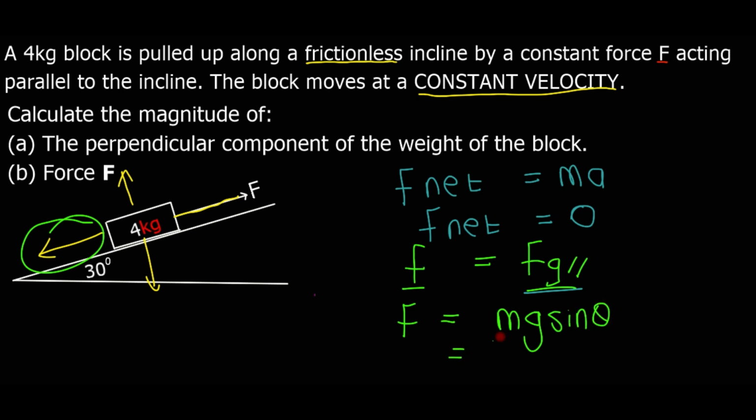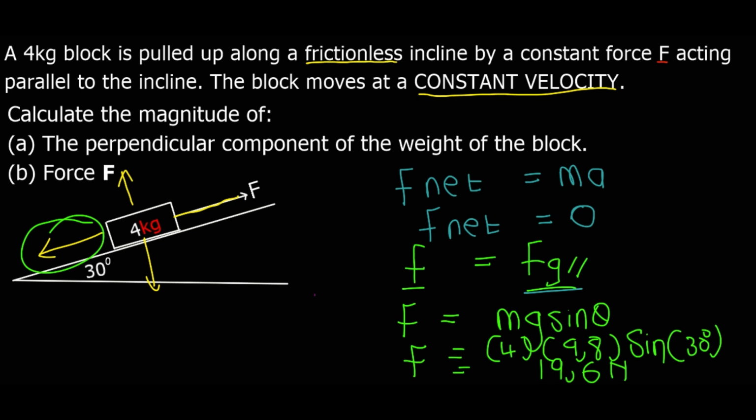So re la gore mo ke na le 4 and then ke na le 9.8 and then sin 30 degrees. So the answer to F ke 19.6 newtons. So this is the magnitude F, ke this one.